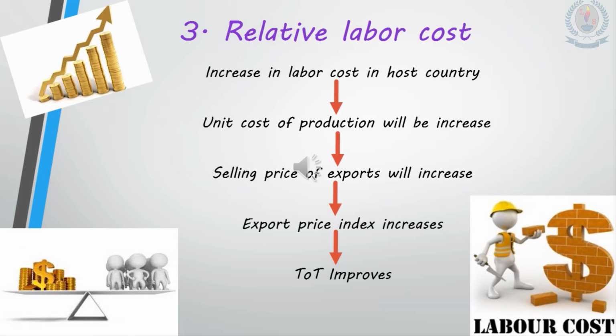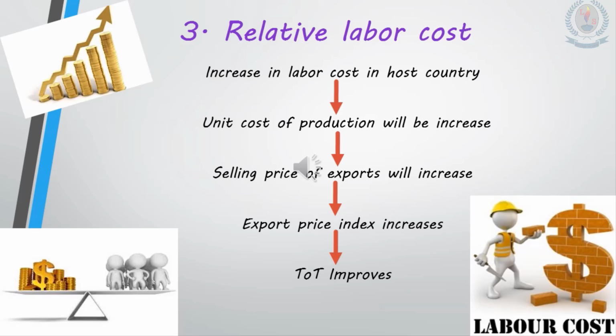Another factor which influences terms of trade is the relative labor cost. An increase in labor cost in our country compared to other countries will increase our cost of production. That means we will have to bear a higher cost to produce goods and services.